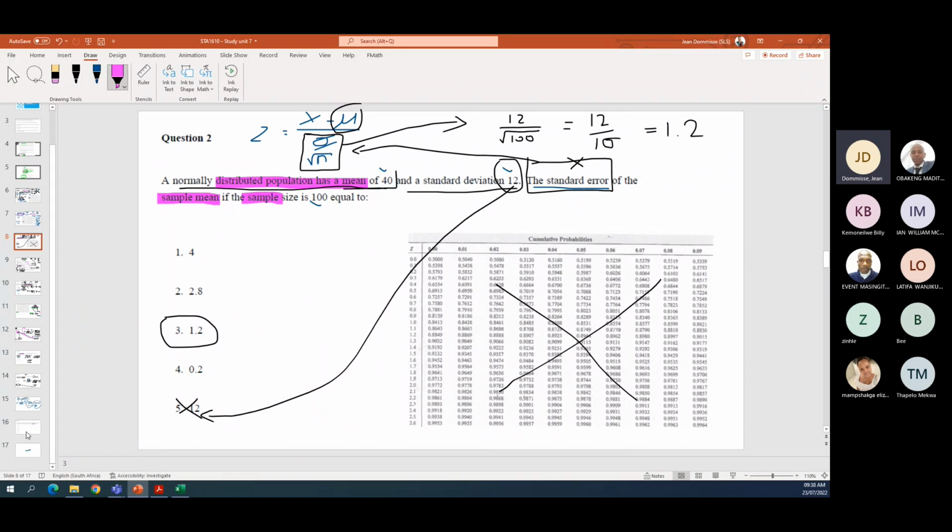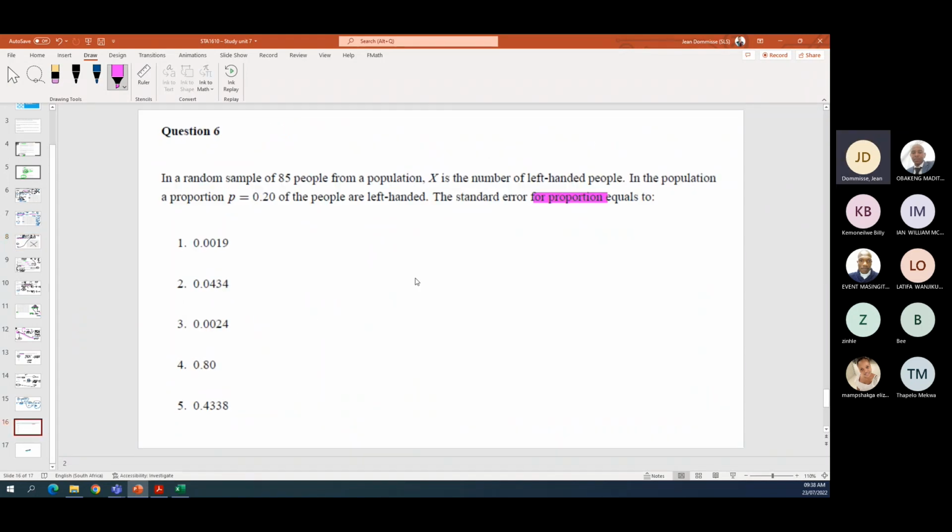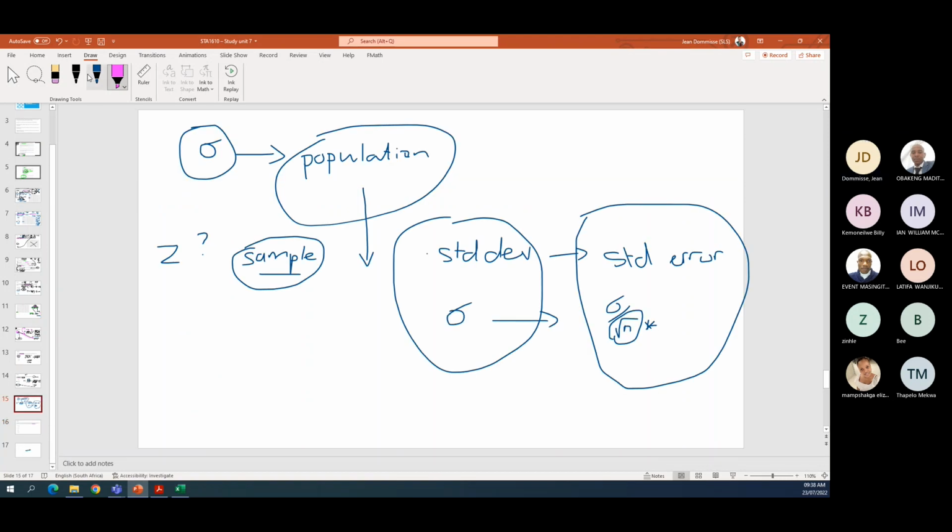So that's also important, specifically for this assignment, where it will be study unit 6. In study unit 6, all your questions, if you need to work out a Z, is this.